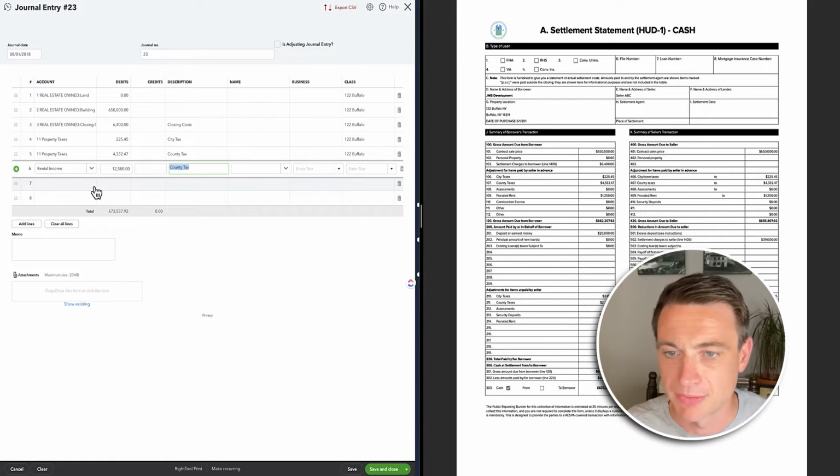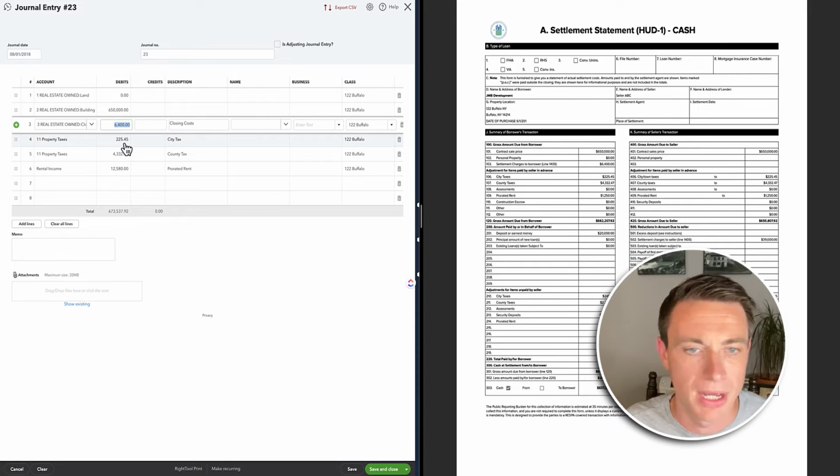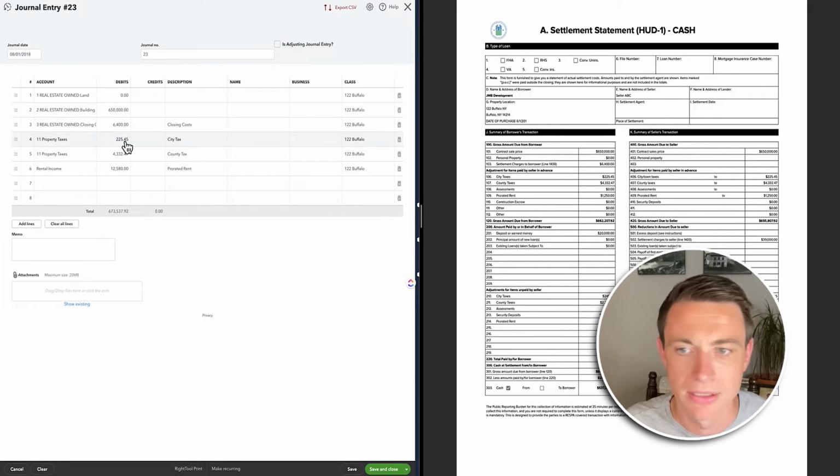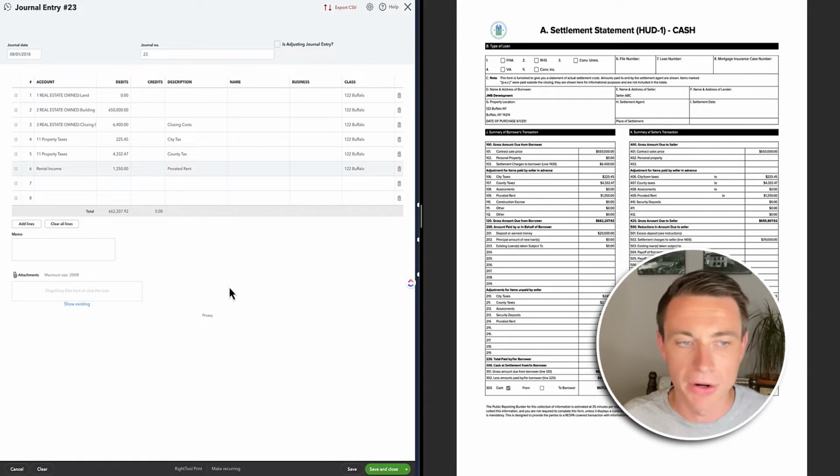All right, so that is prorated rent. And then the last one here, that actually is the last one. 650, 6,400, my county taxes, 225.45. Okay, and now here's your check.